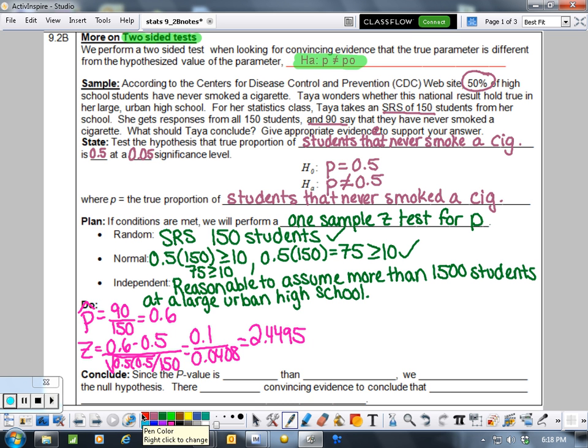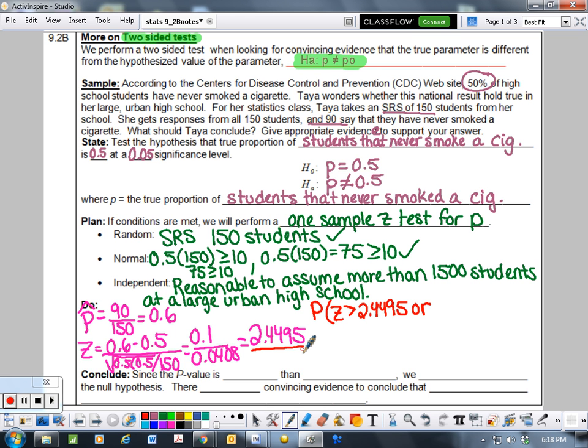So now we have to calculate our probability. For our p-value, we want the probability that z is greater than 2.4495, and we use this because this is what we got from our sample as a statistic.